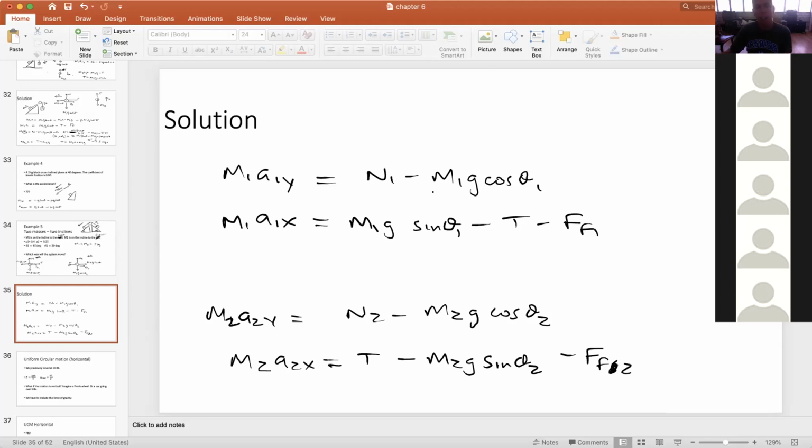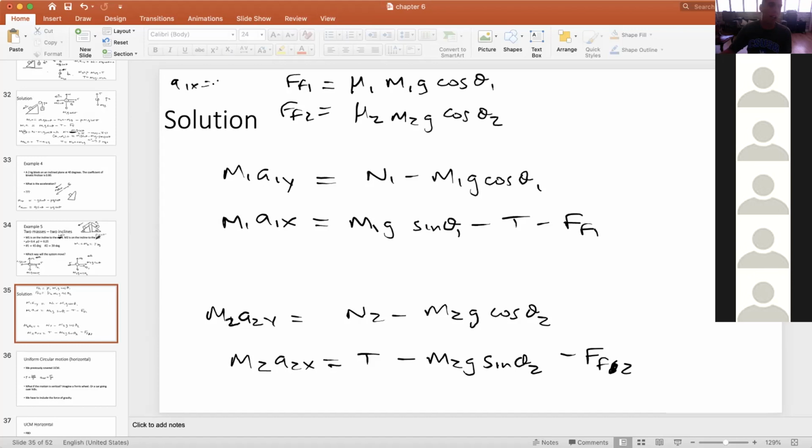These just give us that N1 and N2 are those. We already know that. We know that the force of friction 1 is mu1 m1g cos theta 1, and force of friction 2 is mu2 m2g cos theta 2. A1x is equal to A1y, or A2x. I'm just going to call these A. Let's solve this right in the middle.